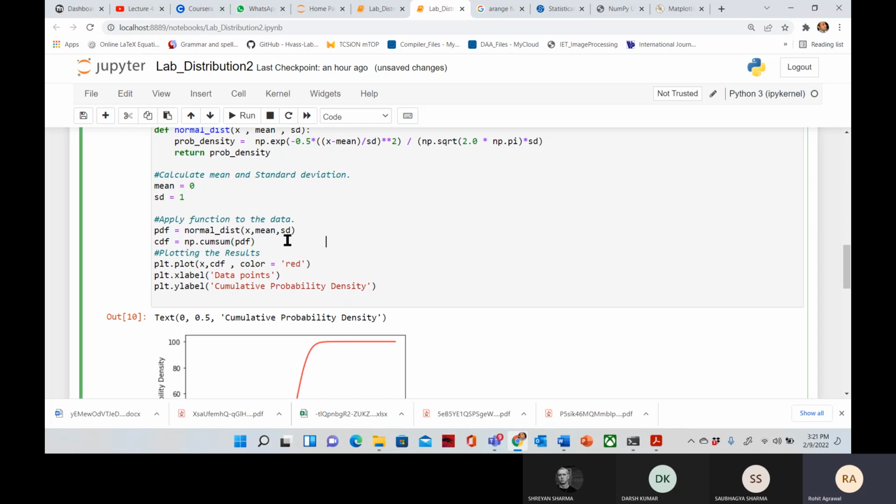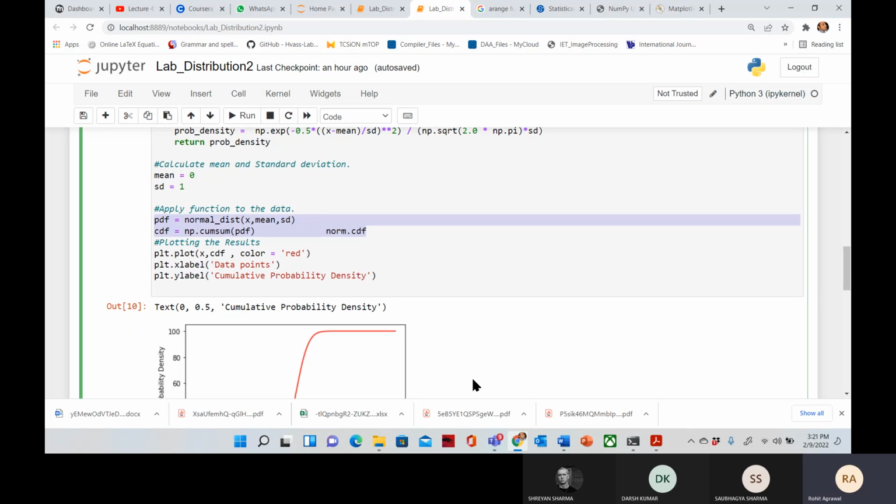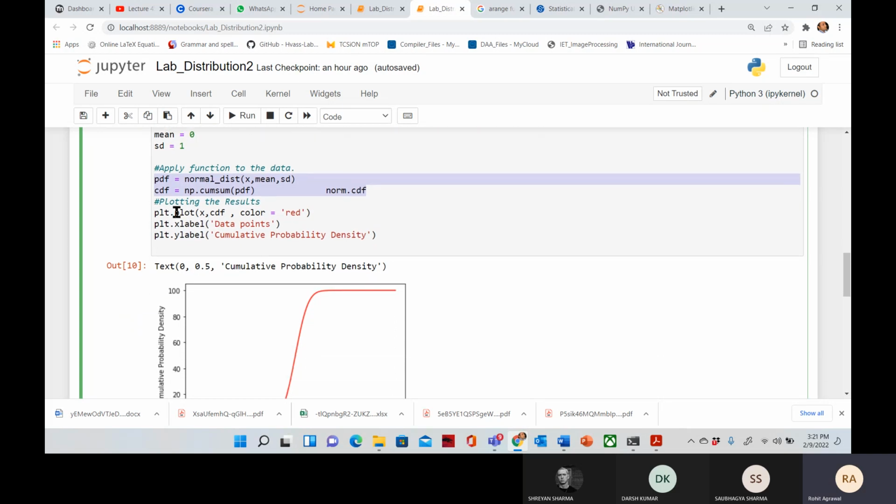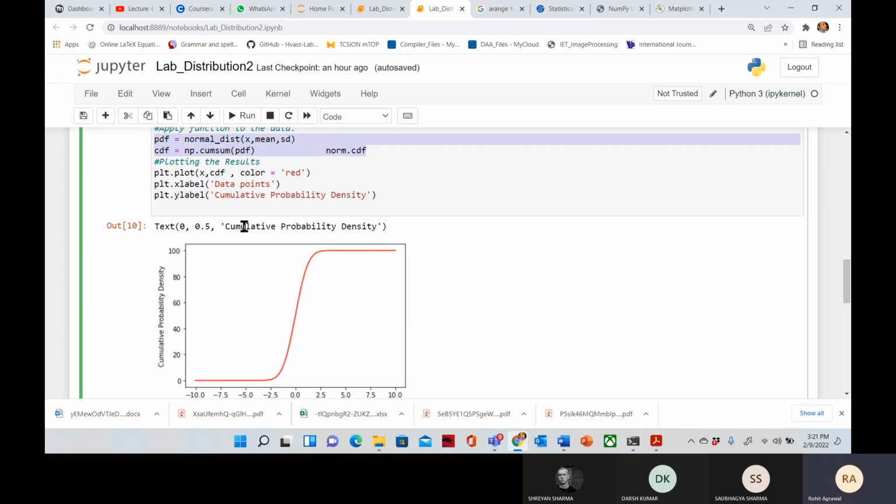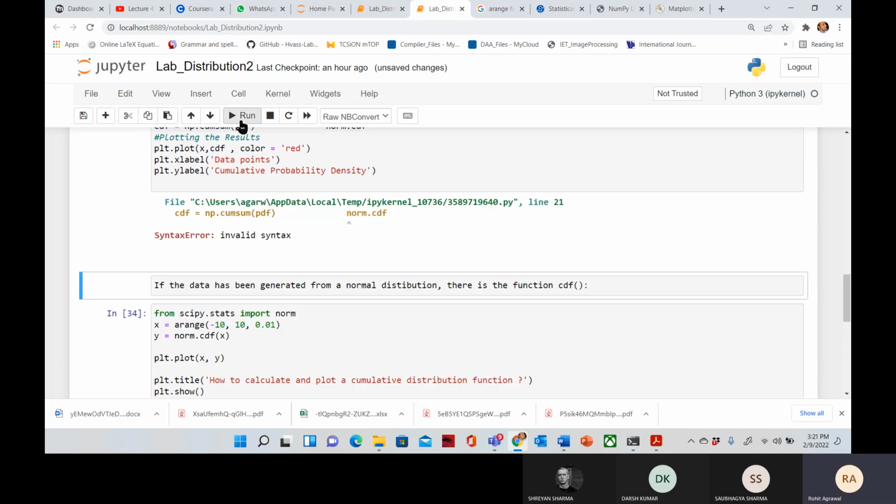Instead of using norm.cdf, we are using these two: first we obtain the probability density function, and then we use the cumulative sum of the obtained PDF values to get the cumulative density function. The same thing, plt.plot the data points x and the CDF, with a color.